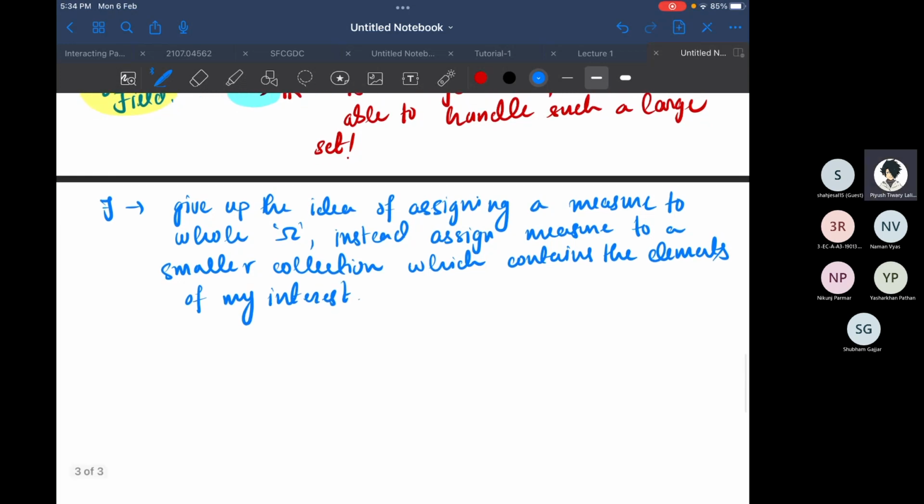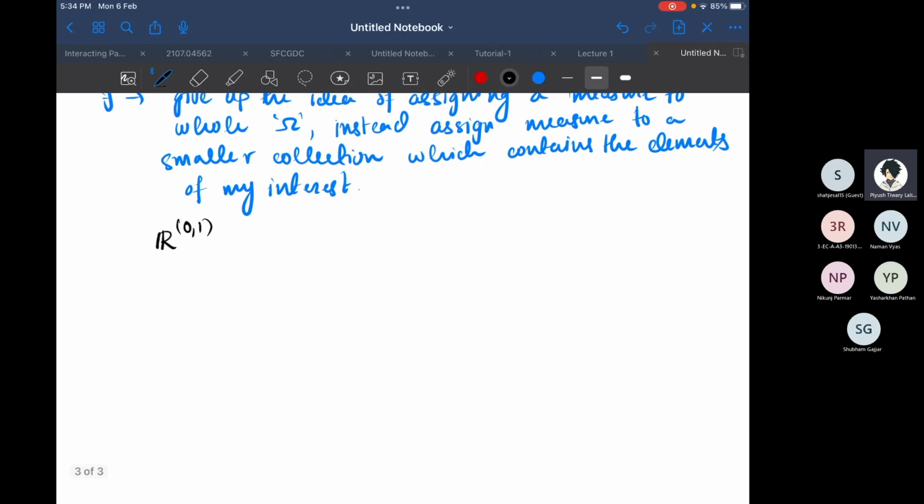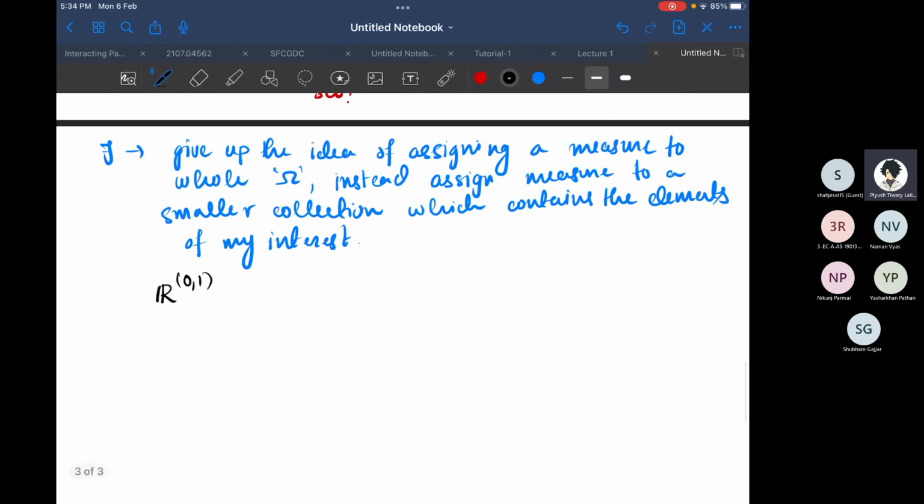Let me give you an example. I said that R01 is a very big set, and it's difficult for me to deal with this set. So what is of interest to me?